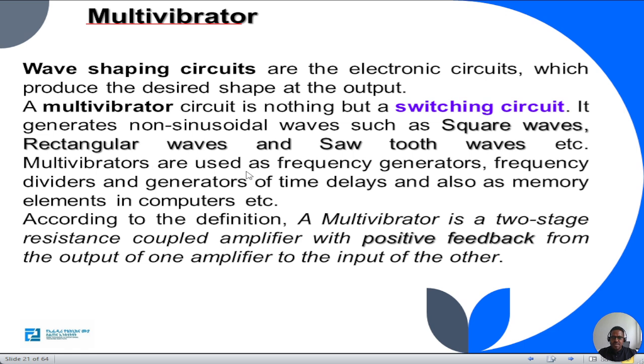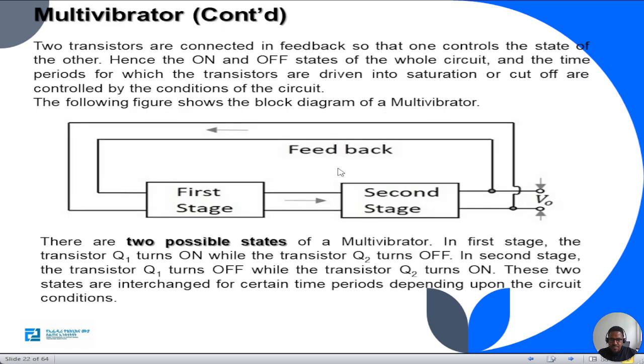Multivibrators are used as frequency generators, frequency dividers, and generators of time delay, and also as memory elements in computers, etc. According to the definition, a multivibrator is a two-stage resistance coupled amplifier with positive feedback from the output of one amplifier to the input of the other amplifier.